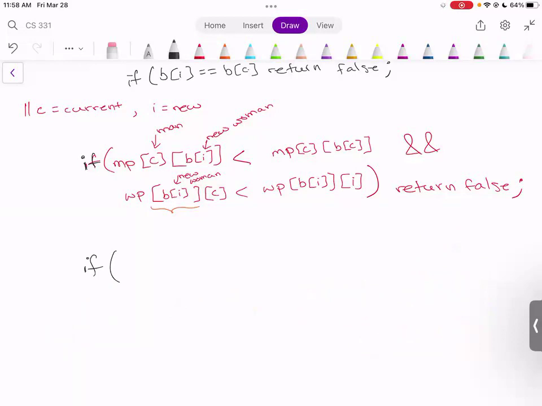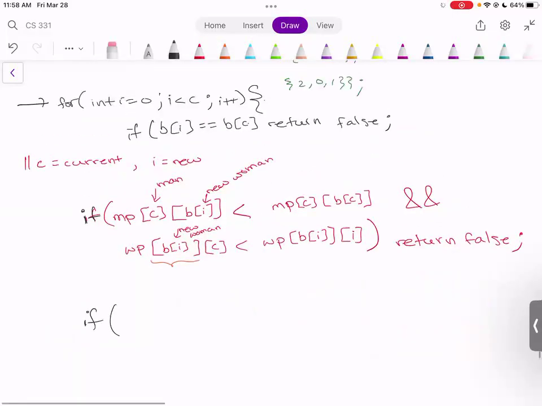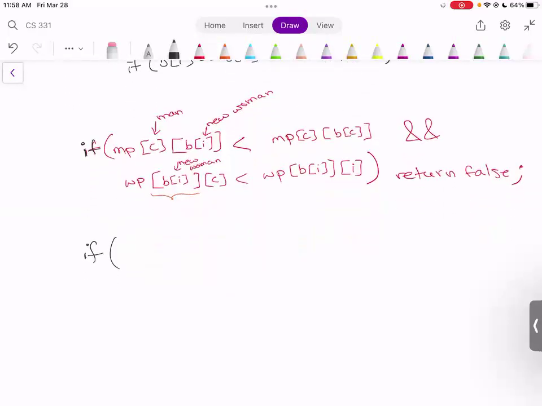Okay, perfect. So the third if statement, we talk about if the new man, so again, we're speaking of the new man. Remember in men's preference, the man comes first. If the new man prefers the current woman, remember, I is for new, C is for current. Wait, isn't I for the woman and C for the man?